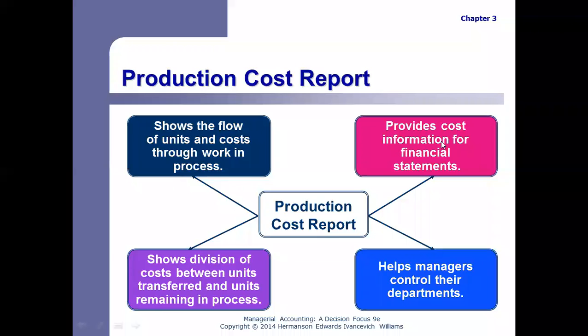It also provides cost information: what did it cost us to produce the goods that we worked on? It shows the breakdown between completed units and units that still need to be worked on. The whole purpose of this report is to help managers control the department.